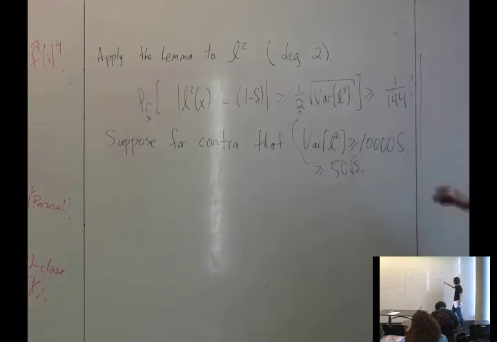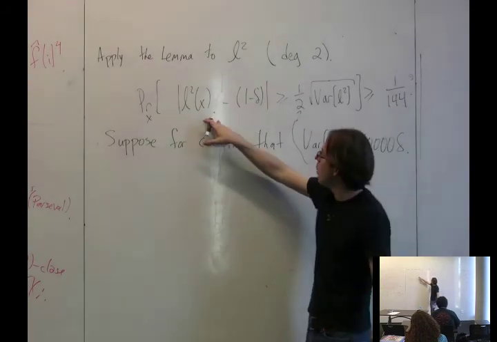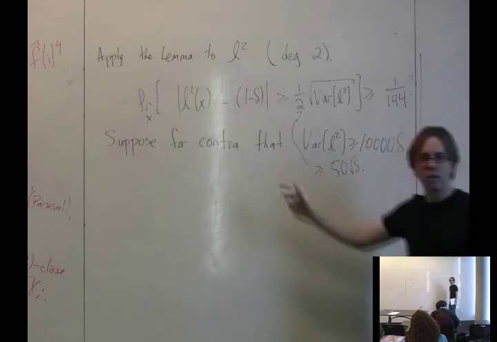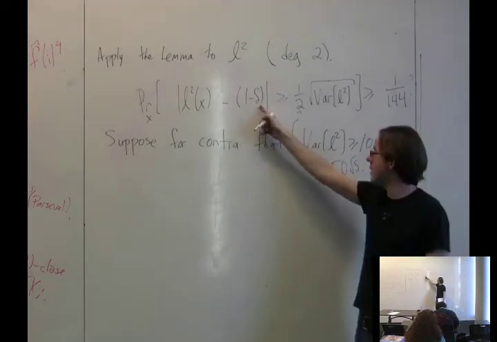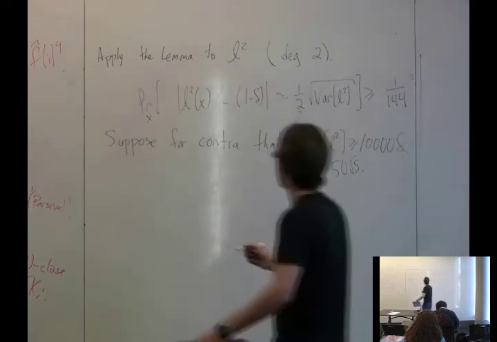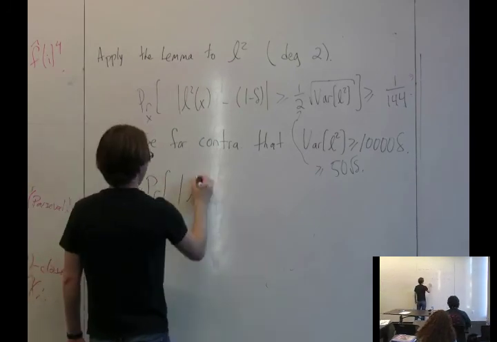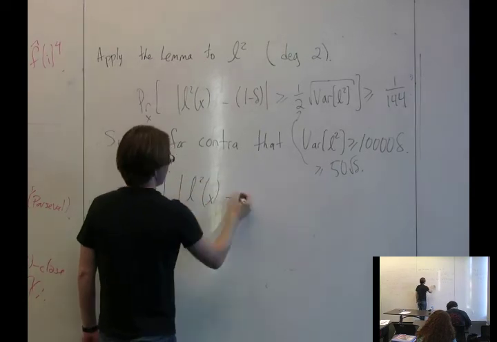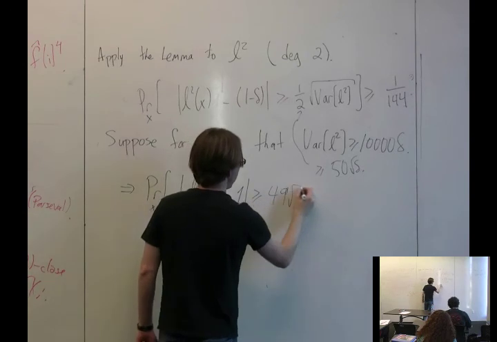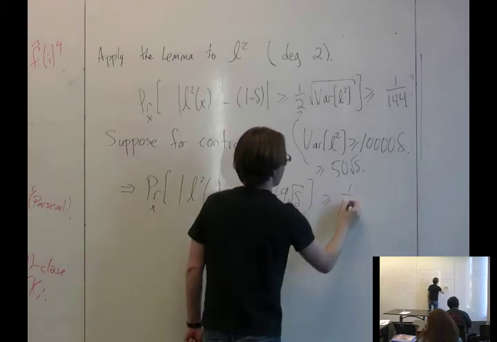So what this is saying is when you pick a random x, there's quite a reasonable chance that L of x squared is quite far from 1 minus delta. This minus delta is quite negligible compared to this 50 root delta. So let's rewrite this slightly. That implies that the probability that L squared of x minus 1 is at least, say for safety, 49 root delta, since delta is smaller than root delta, is at least 1 over 144.